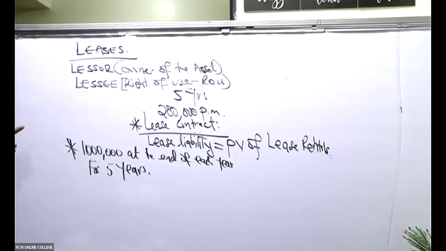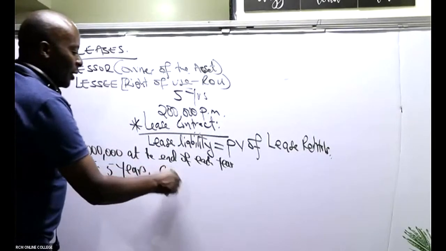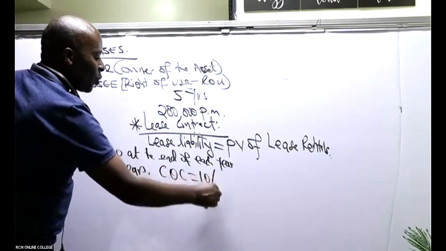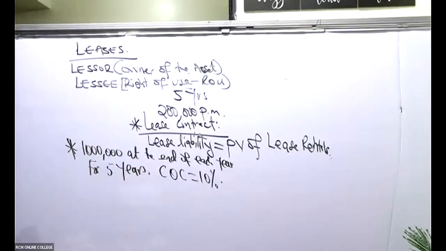So in this case, the lease rental is 1 million shillings every year, at the end of each year, for 5 years. And then they have given us the cost of capital as what percentage there? Top of 10%.